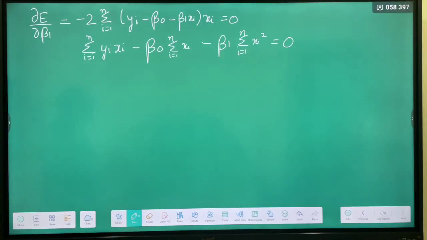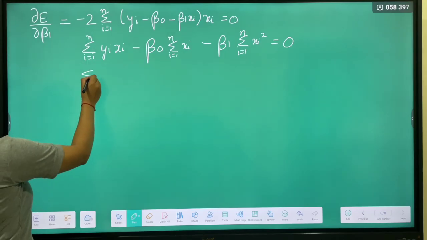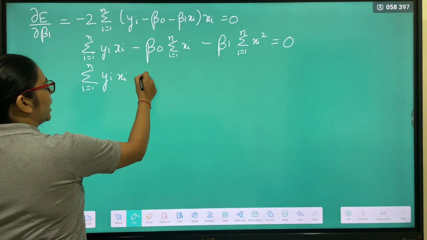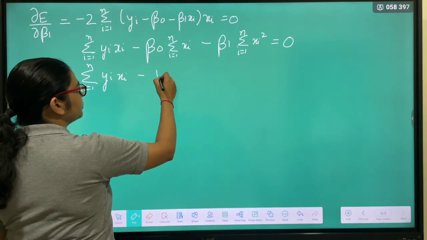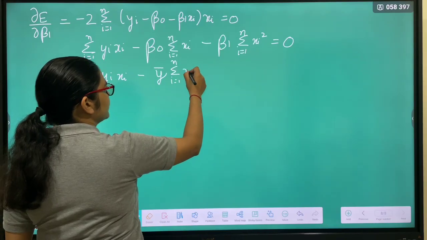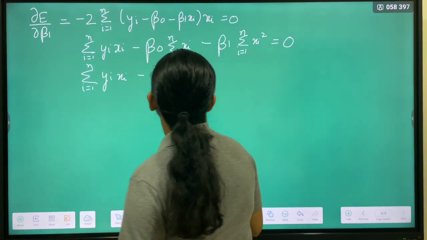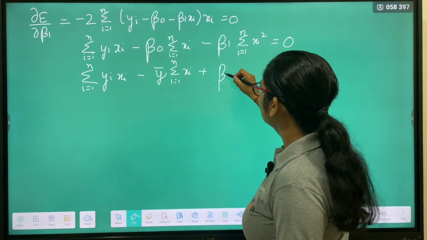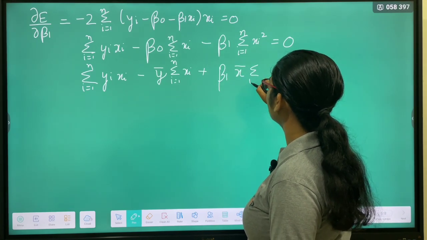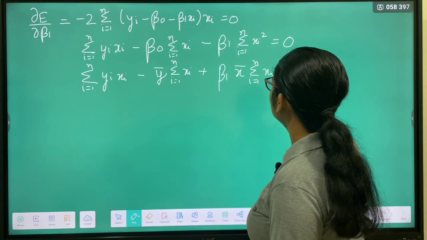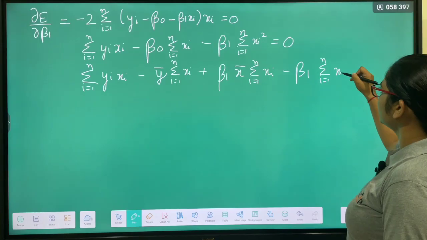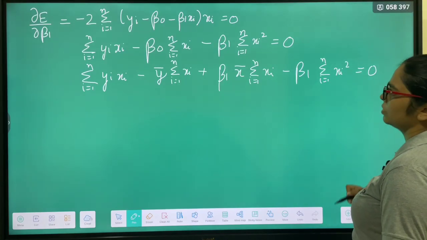So now opening beta naught, summation i goes from 1 to n yi xi minus y bar summation i goes from 1 to n xi plus beta 1 into x bar summation i goes from 1 to n xi minus beta 1 summation i goes from 1 to n xi square is equal to 0.